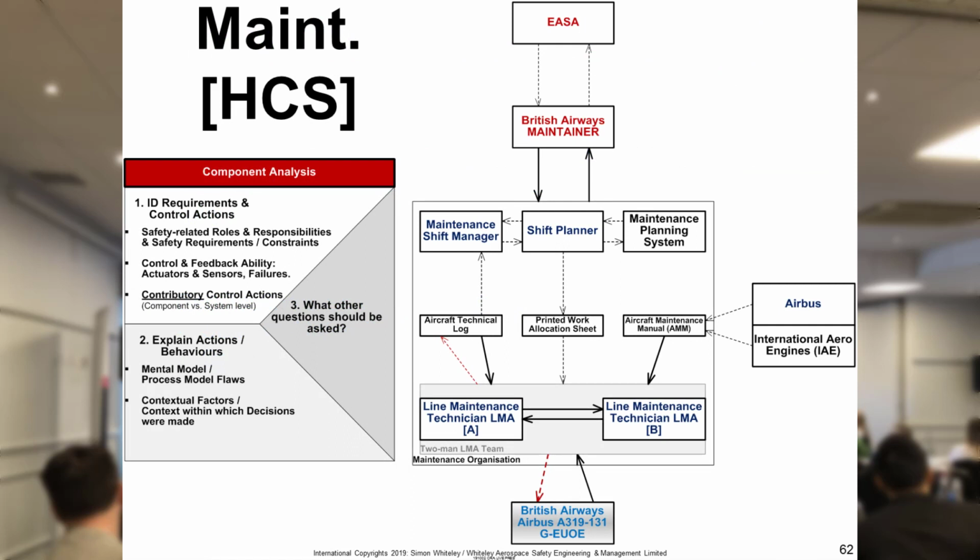And then we get into the analysis of the components. So I'm going to pick these two here because we haven't got time to go around all of it. Now there are essentially three parts to the component analysis. The first is to consider safety requirements and responsibilities, and then the control actions. And then the second is to explain the actions and the behaviours. So we can look at mental models and contextual factors, and then ask any other questions that we need to establish as part of the investigation.